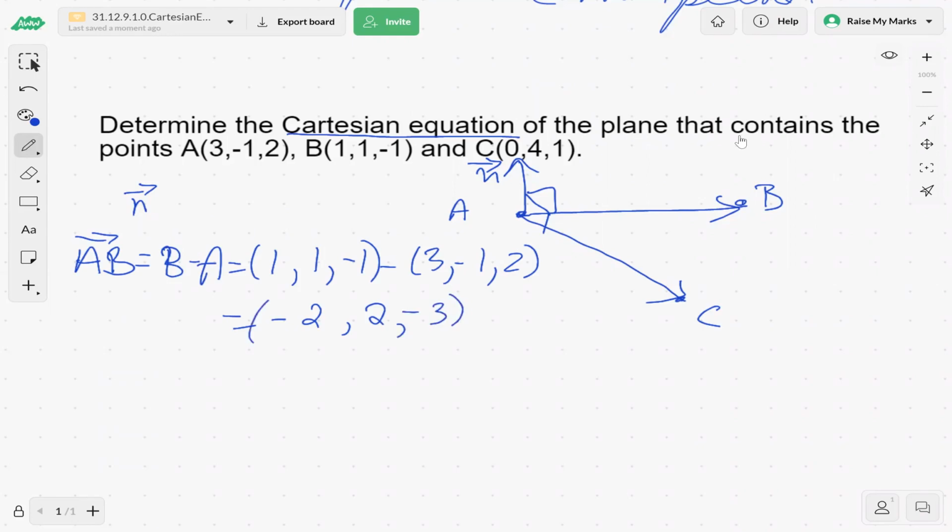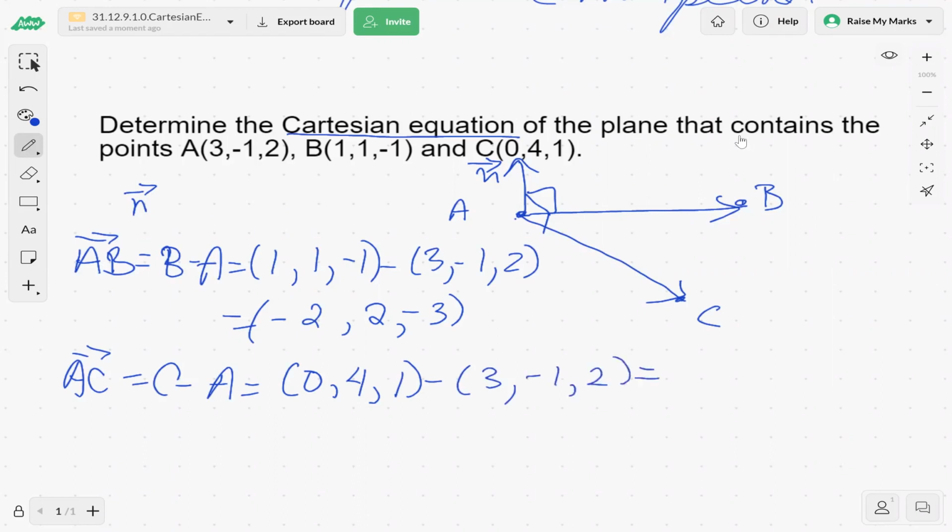And our second vector is AC, C minus A. Point C is 0, 4, 1 minus A, which is 3, -1, 2. So our vector is 0 minus 3, which is -3, 4 minus -1, that's 5, and 1 minus 2 is -1. Okay.